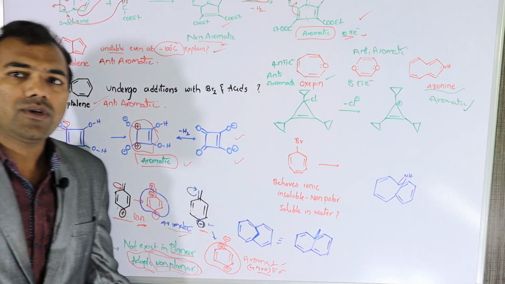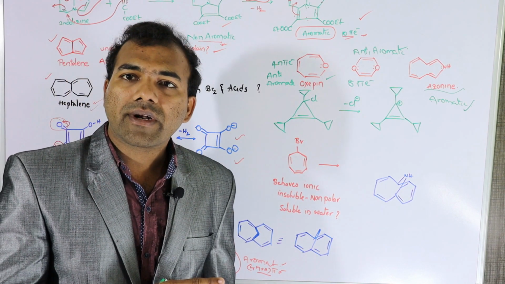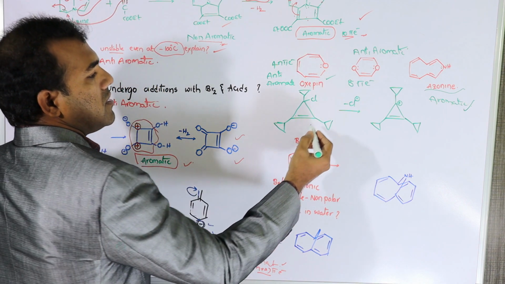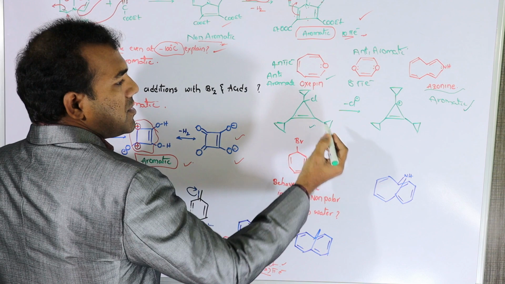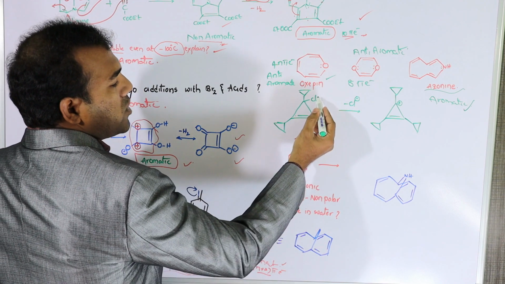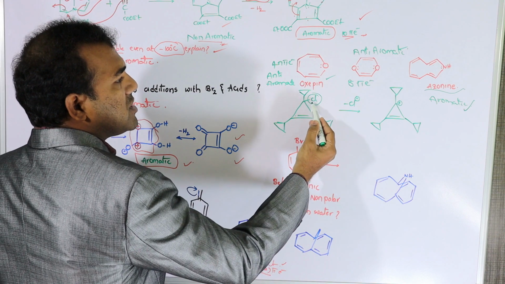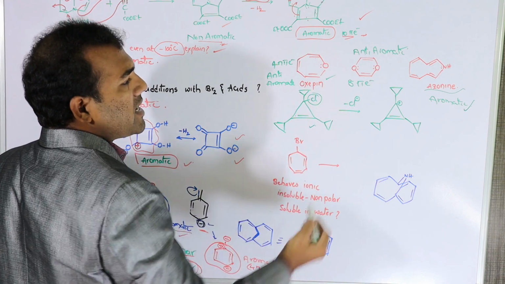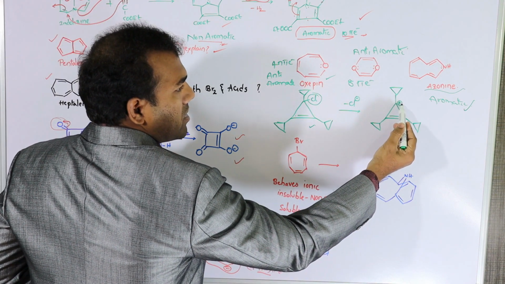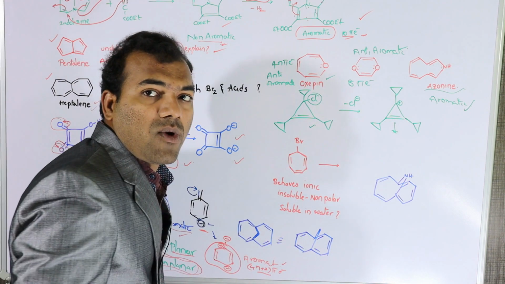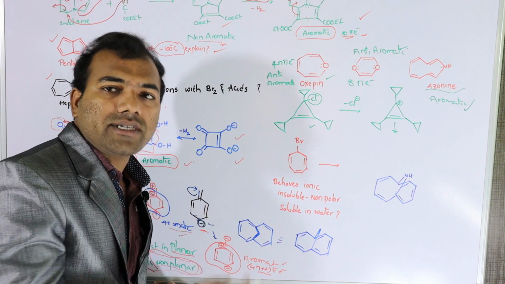Next example. So this example is very important, so please concentrate. In this structure, we can see that after elimination of this chloride ion, we are getting a cation. Okay, so is this aromatic or not? We have already discussed in our earlier classes.